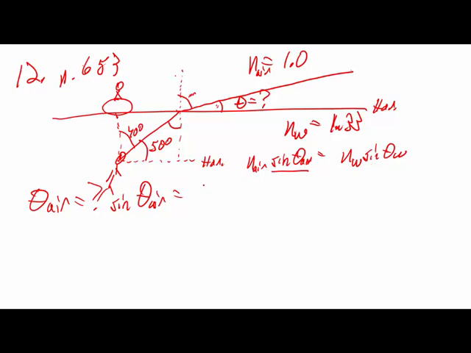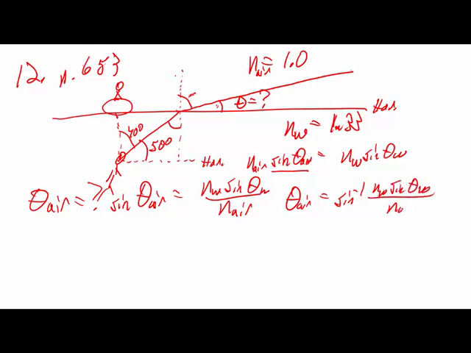Well, that's the n of the water times the sine of the angle in the water divided by the n of the air, the index of refraction of the air. And then to finish working it out, we take theta, and we're going to do what? Arc sine, aren't we? So it's sine inverse of n of the water times the sine of the angle of the water divided by the n of air, right?